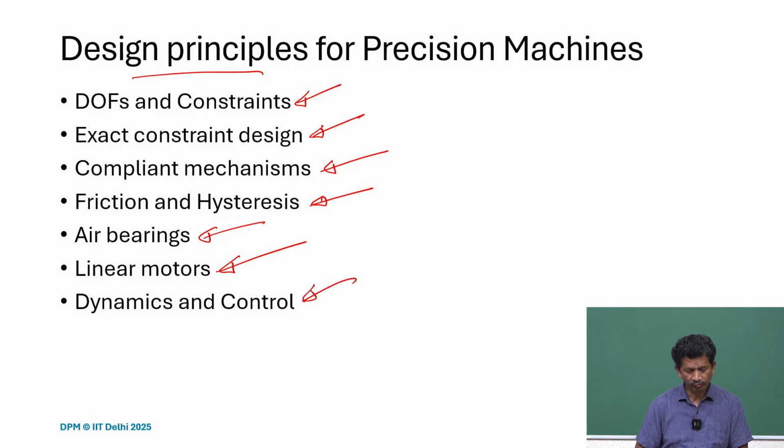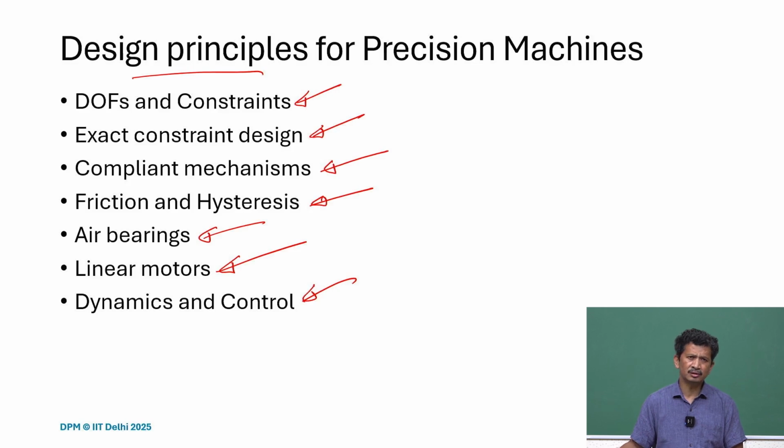We also talked about dynamics and control, and not only precision, but we also want to go for high speed. When we have such applications, how different kinds of step input, position, velocity, acceleration, the jerk or the backlash affect the system, that's something we need to understand and address.